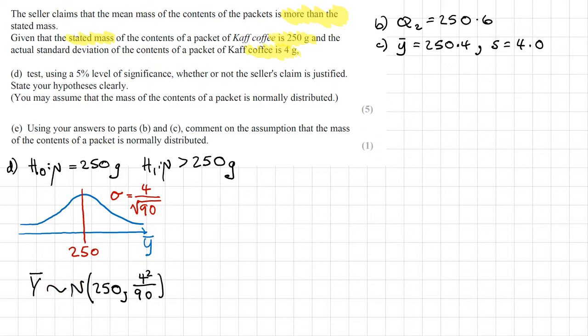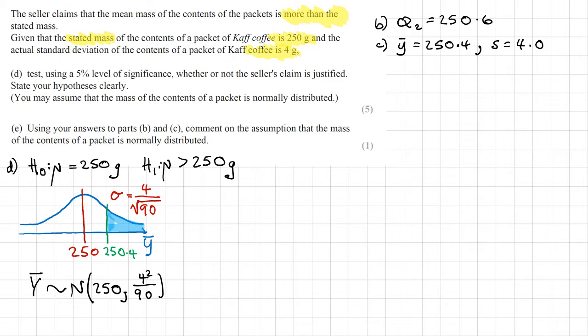It's an upper tail test, so I'm going to have a line over here, and from my sample the mean was 250.4. That was what I'd worked out in part B. I'm going to work out this area here and compare it to 5%.